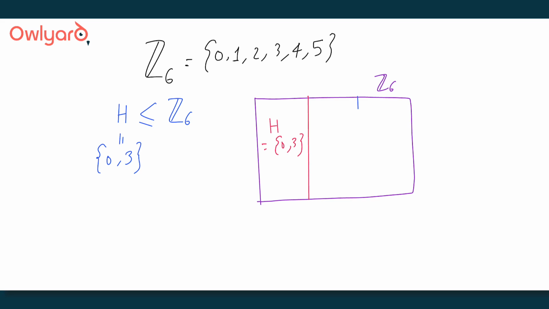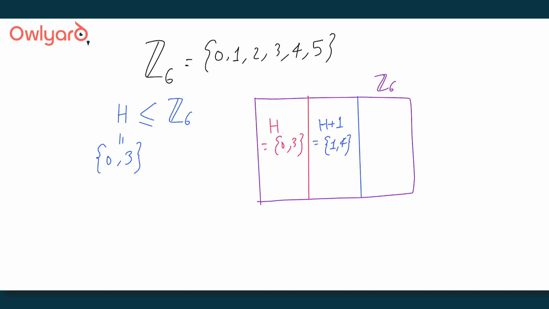The second partition is, let's denote it as H plus 1, which means it will contain 1 and 4.